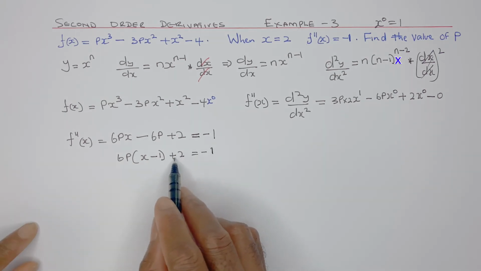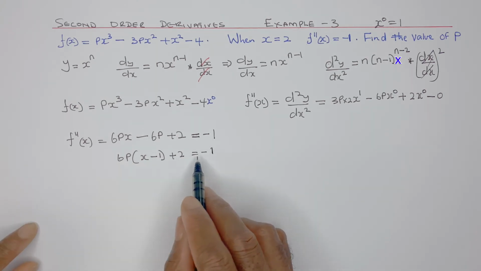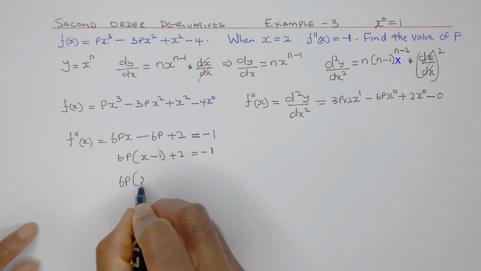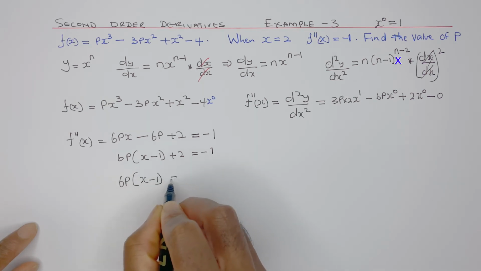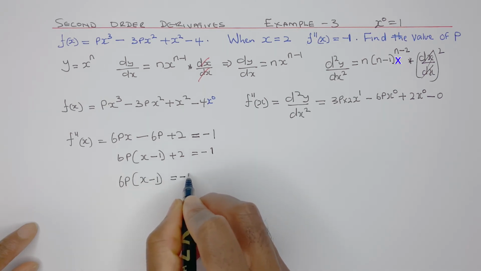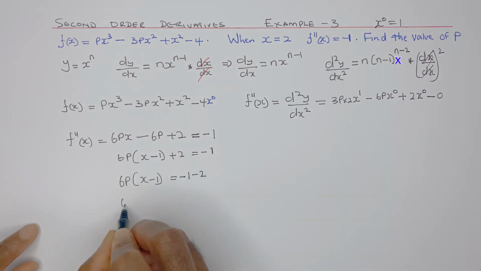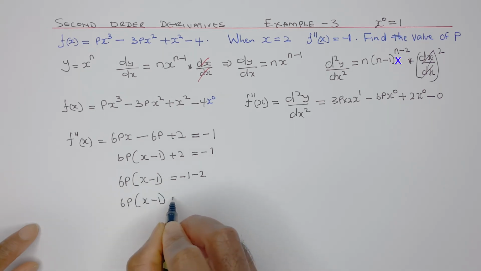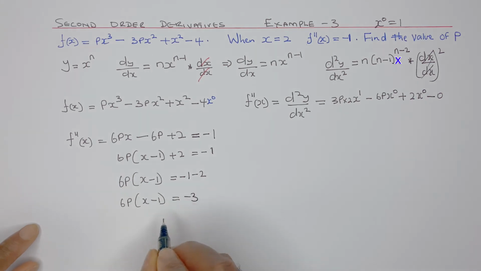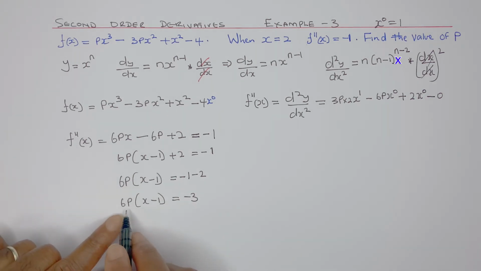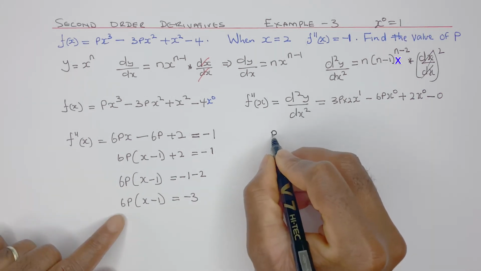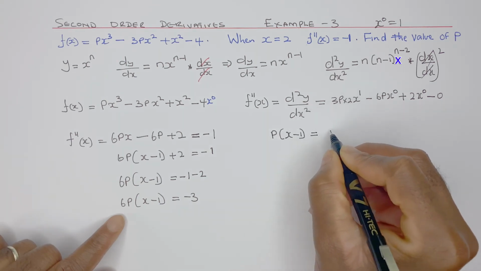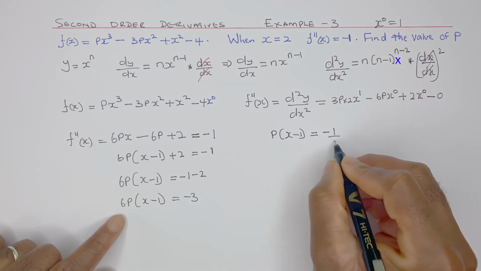If I take 2 to the other side, or take away 2 from both sides, 6p into bracket x minus 1 equals minus 1 minus 2. 6p into bracket x minus 1 equals minus 3. If I divide both sides by 6, therefore, p into bracket x minus 1 equals minus a half.